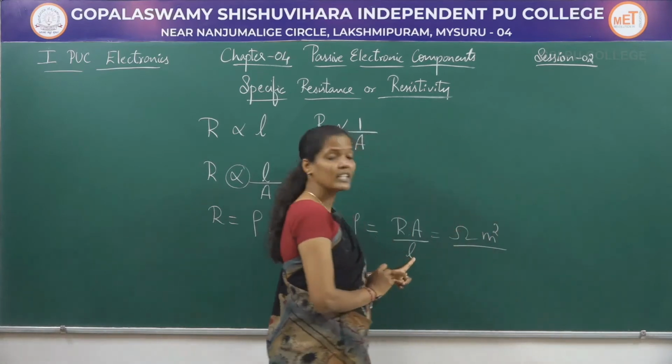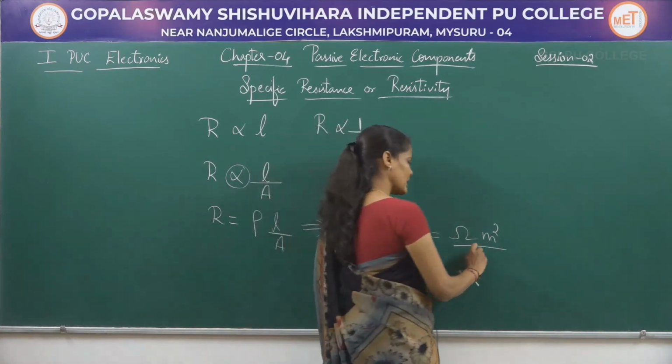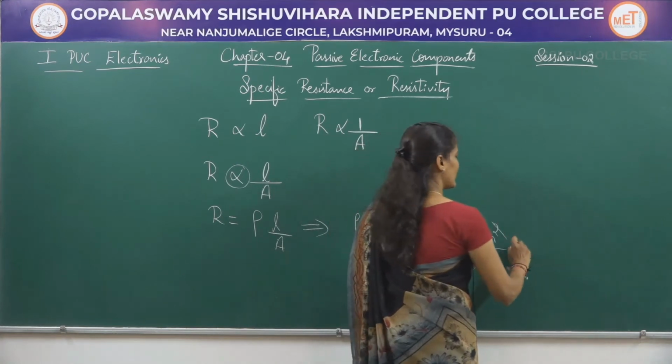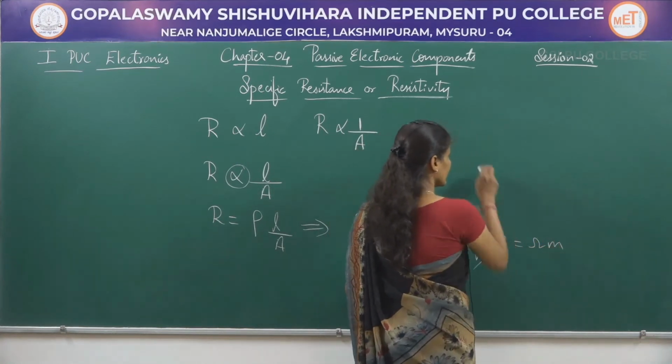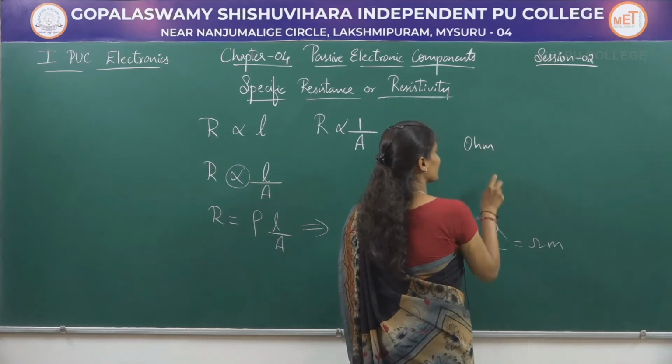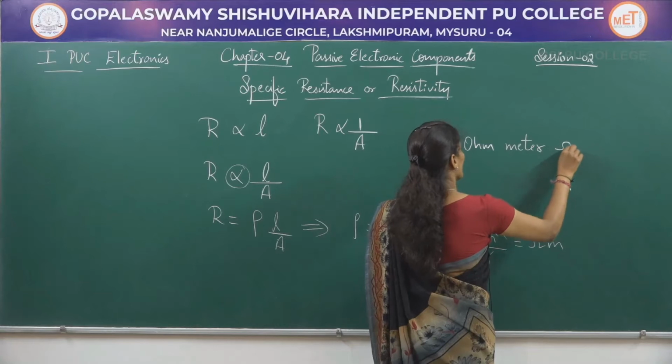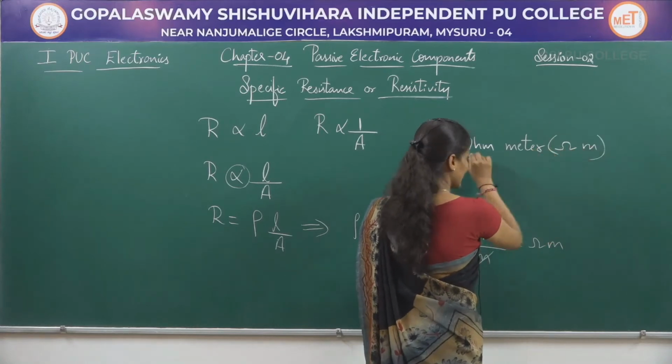The unit for the length of the conductor is meter. So this gets cancelled with this, so I will be left with ohm meter. So the SI unit of the specific resistance or the resistivity is ohm meter, which will be denoted like this.